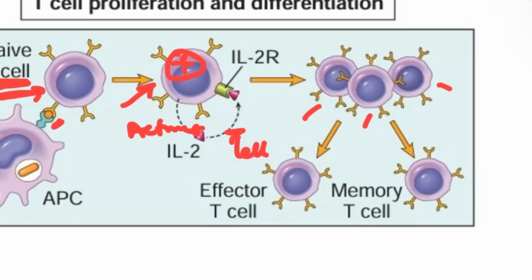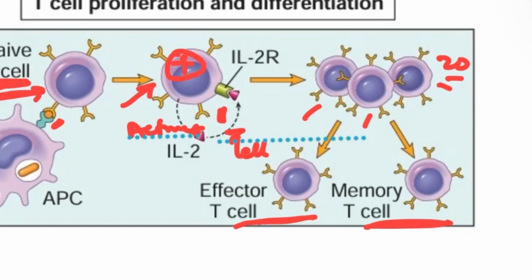So this one cell, all right, can divide to become maybe 10 or 20 cells. Okay. And then these 10 or 20 cells or more will now separate themselves into two groups, the memory and the effector T cells.